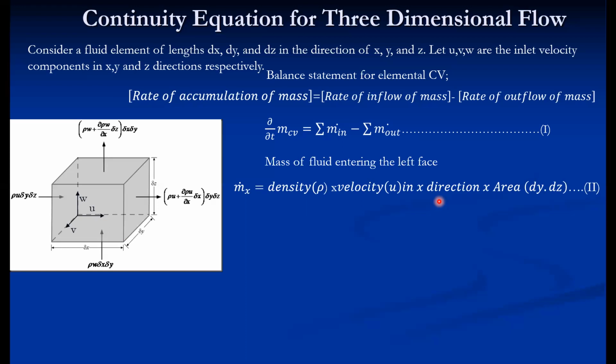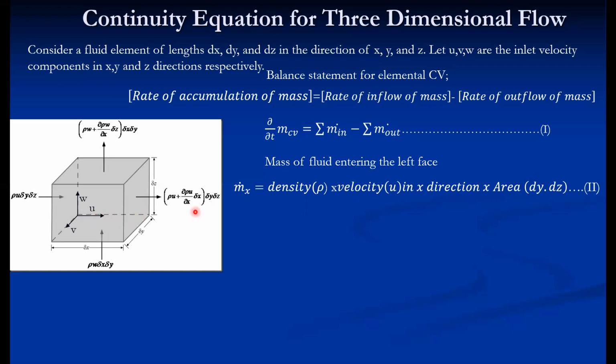Length divided by time is called velocity. So the formula becomes density, velocity, and the remaining is the area. As it is along the x direction, we consider density as rho, and because the x direction velocity component is u, we consider the velocity u along the x direction.